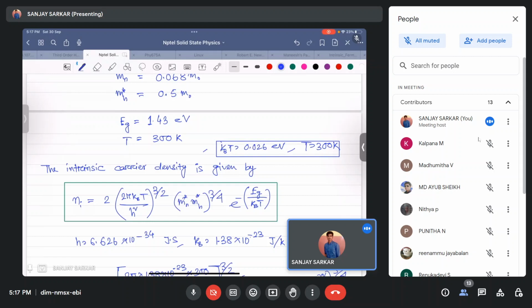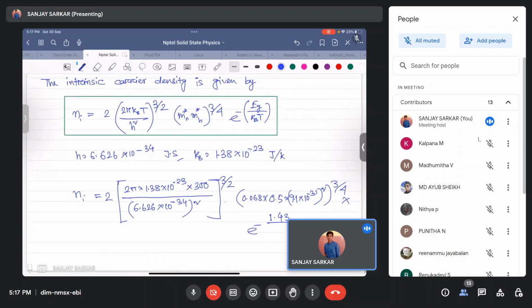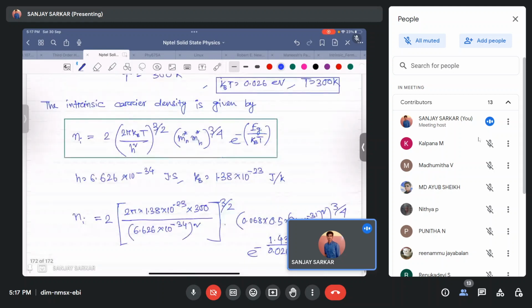So remember that k_B T is equal to 0.026 electron volt when T is 300 Kelvin. The formula was 2 k_B T, so here it will be 0.026 into 2.